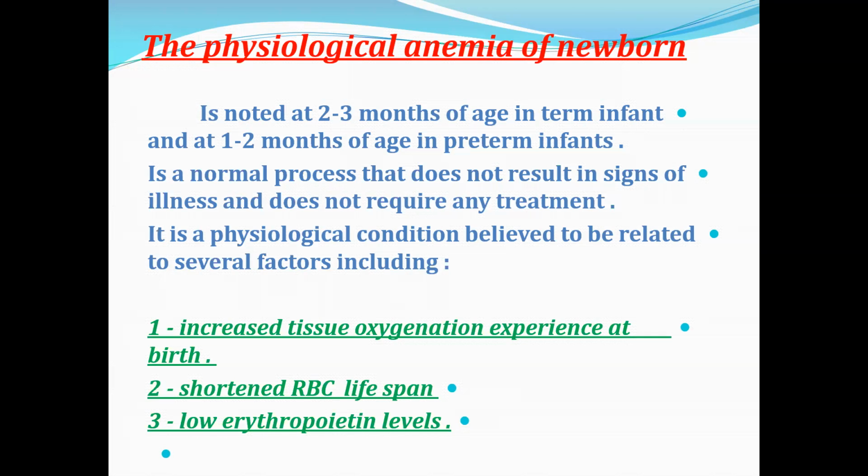So the preterm suffer more because the storage of the substrate of hemoglobin, the iron, is less in preterm than in term infants. It is a normal process that does not result in signs and does not require any treatment, just observation. It is a physiological condition believed to be related to several factors.